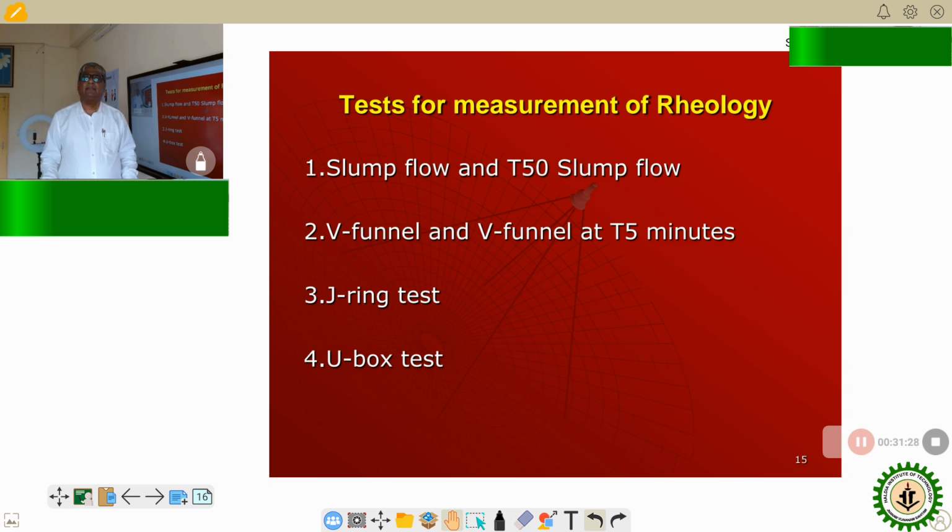So, there are around 10 tests. Out of 10 tests, I have mentioned only 4 tests here. Because if you perform these tests, there is a lower limit and a higher limit, and if your value is coming within that range, then you can declare that yes, my concrete has passed all these 4 tests, and it can be said that it's a self-compacting concrete. It may be recommended.